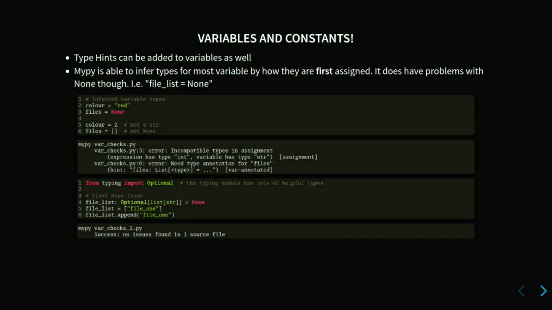I'll explain this in more detail further on. But then we're making the type of file list. We're giving the hint that it is a list of strings, or it could be None. And that's exactly what Optional means. So when I assign None to it, MyPy at the bottom was fine with that. If I had just said it was a list of strings, it would have given me an error on that. So now I can assign a new list of strings to it. I can add to that. Bit of a mistake in my code. I meant to say file2, but hey, we can live.